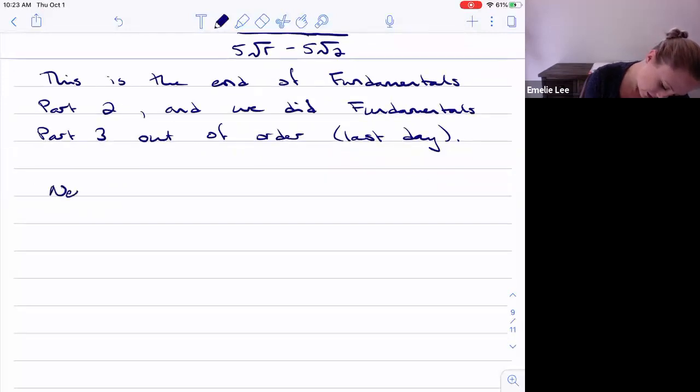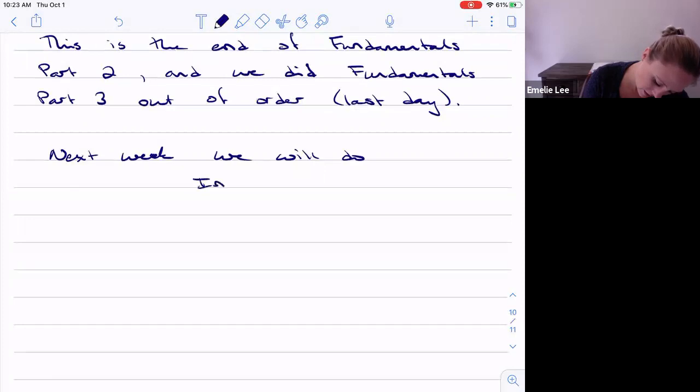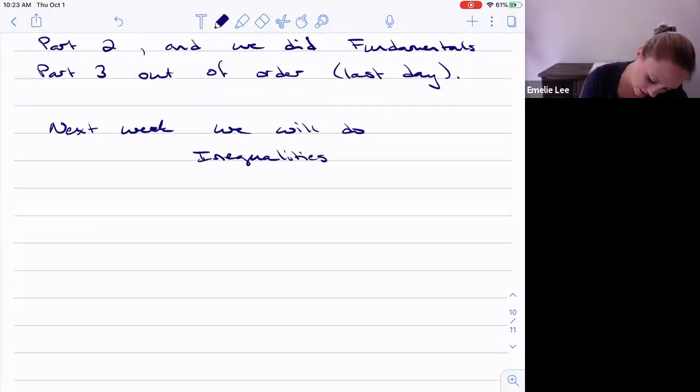Next week, we will do inequalities: less than, greater than, not equal to, inequalities and lines, right? So graphing lines.